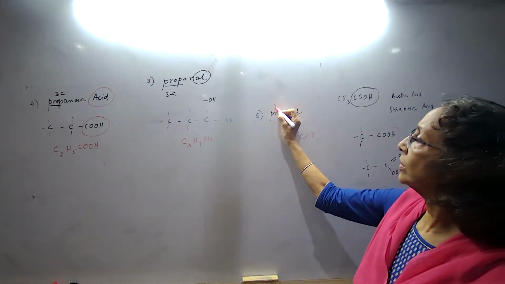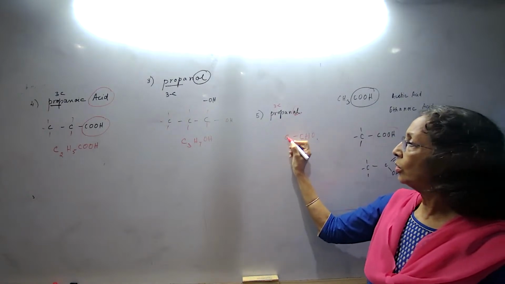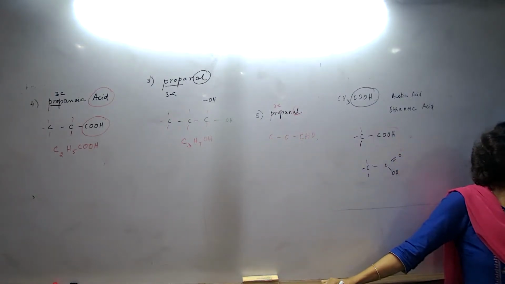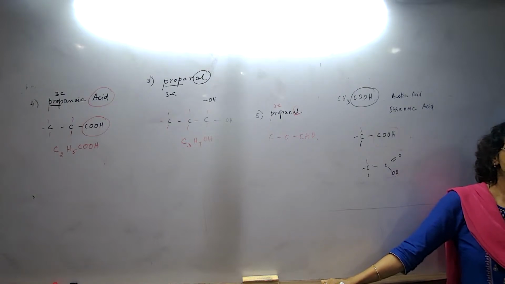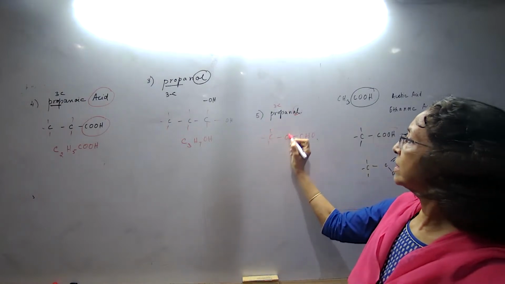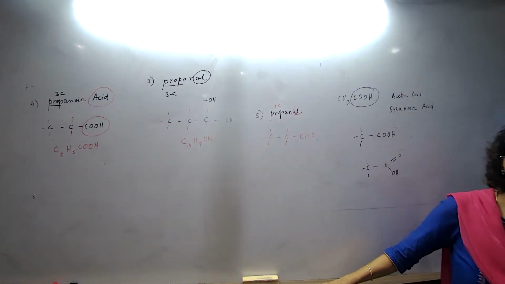So we have 1 here, 2 and 3. So that becomes propanal. Got it? So again here I'll put all these.